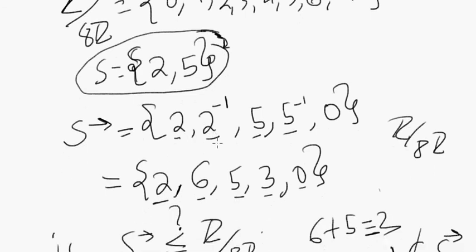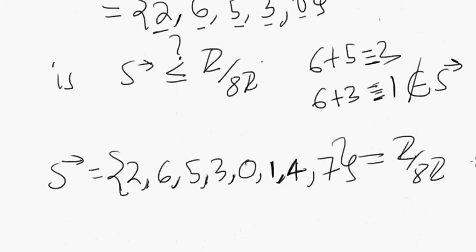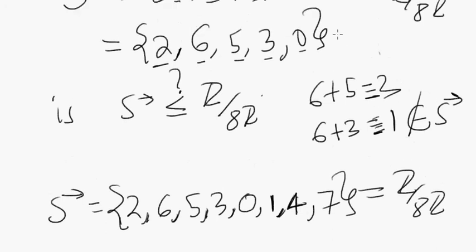We started from 2 and 2 inverse, 5 and 5 inverse, and then 0, and we saw that it wasn't closed, and we added the element 1. Maybe if we had added something else, wouldn't it work? That is, what if at this point we'd started with a different element?